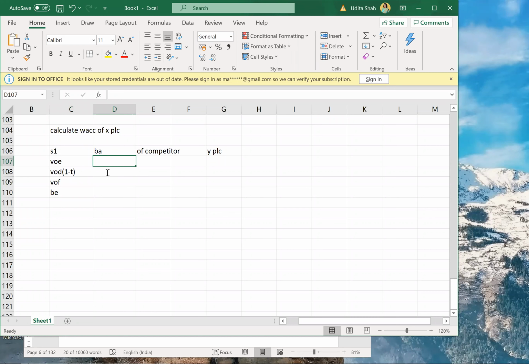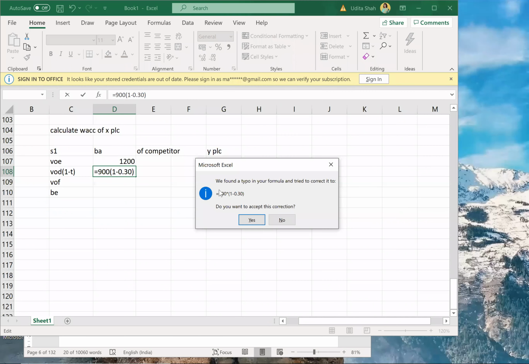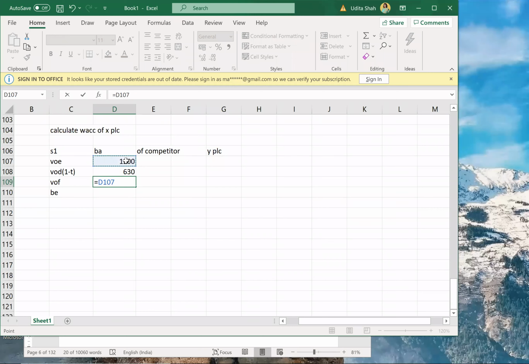Value of debt will be what? 900 net of tax, and the tax rate remains the same for all companies in the same industry. So 900 into 1 minus T, that is 630. So value of firm will be 1200 plus 630.